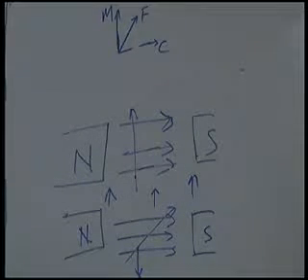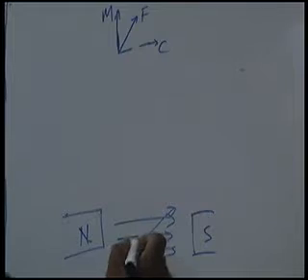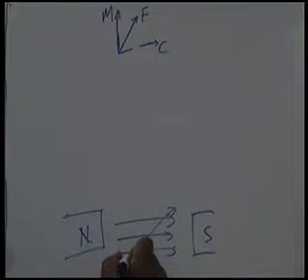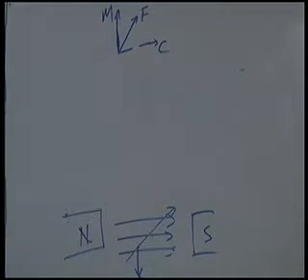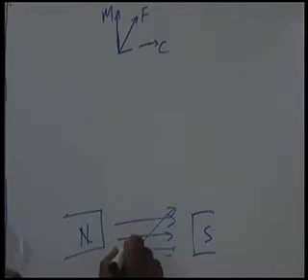Here we can see that this is a current carrying conductor, and we know that any conductor which carries a current produces its own magnetic field which is circular in direction, that means in the shape of rings like this.